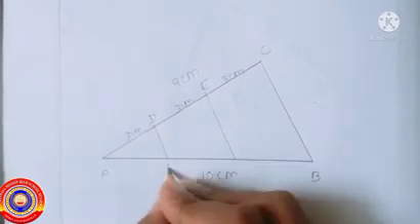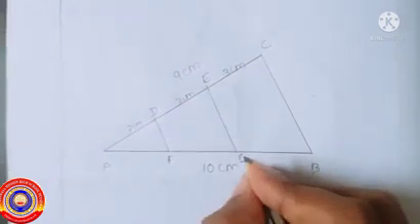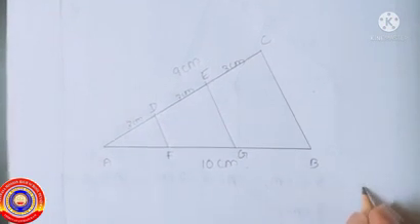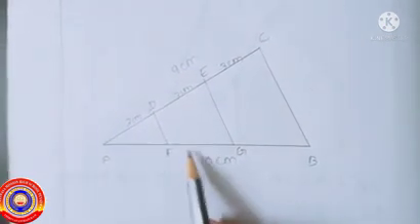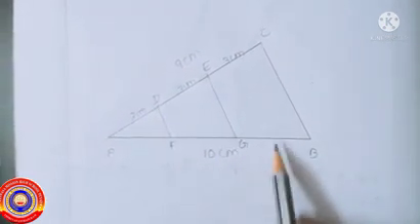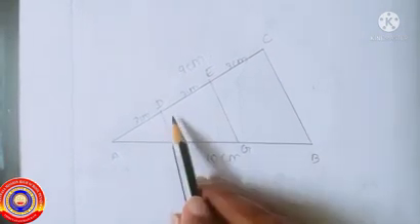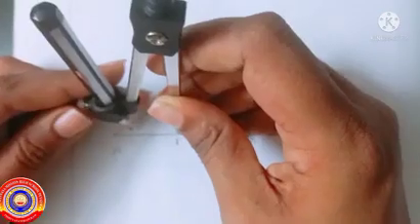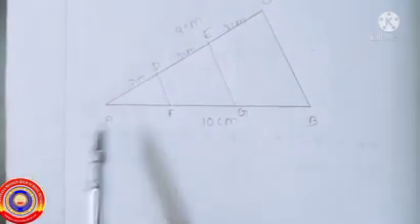So in this picture, AF is to FG is to GB is equal to 3:3:3, which is equal to 1:1:1 ratio. Now we have to draw an equilateral triangle by taking AF as its side.